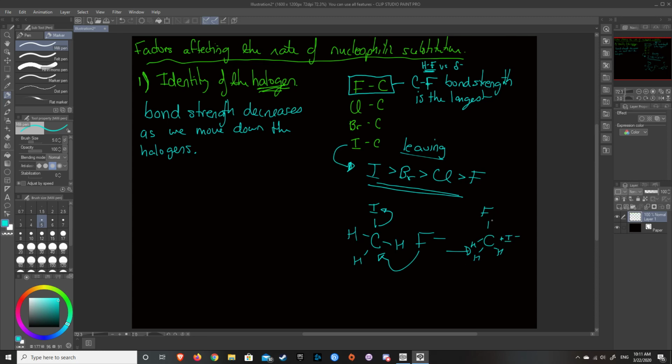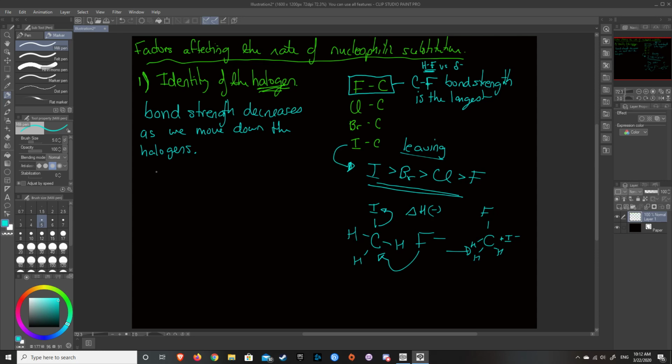This is because the fluorine forms a stronger bond. If we put them into solution, the one that reduces the overall energy of the system is going to be the preferred product. Since the fluorine-carbon bond is stronger than the iodine-carbon bond, we are going to have a delta H which is negative, and we are going to release some energy. So the bond strength decreases as we go down the halogens.